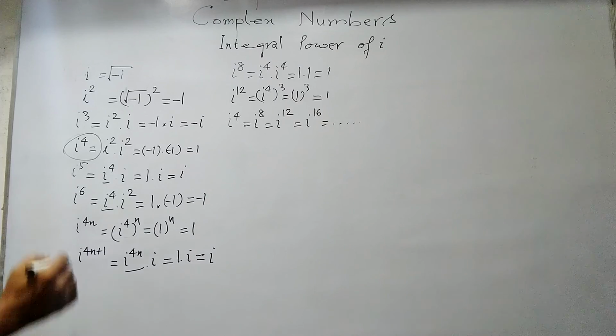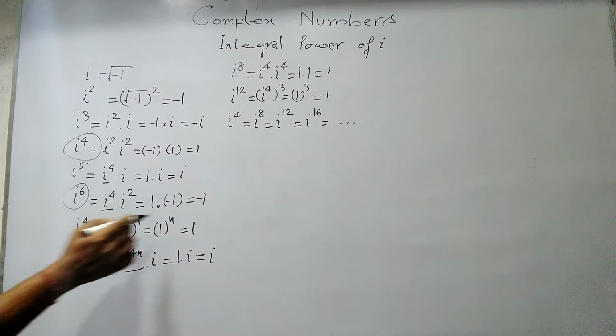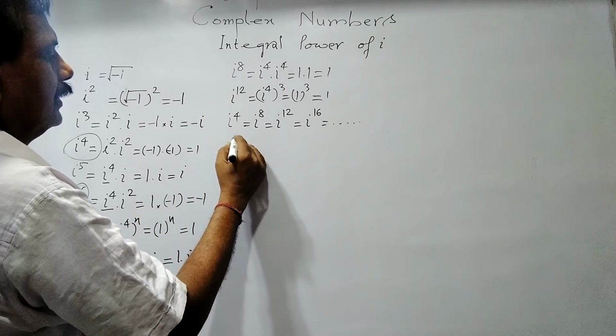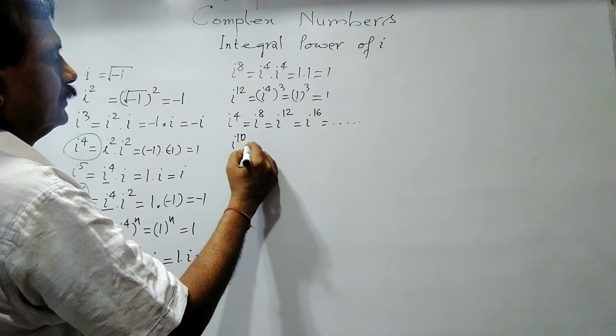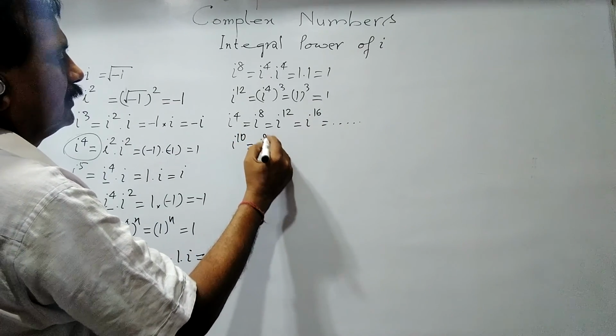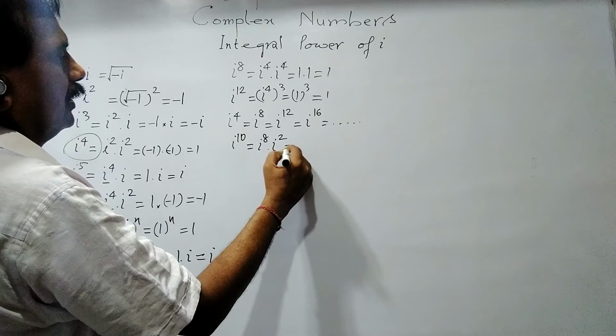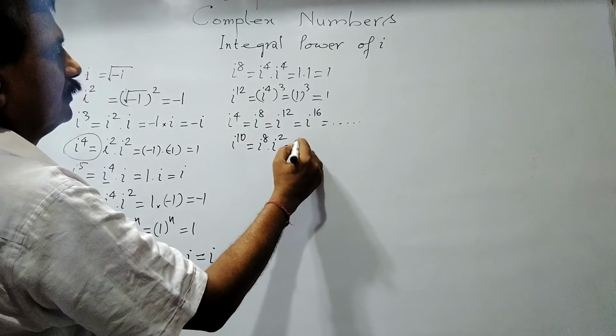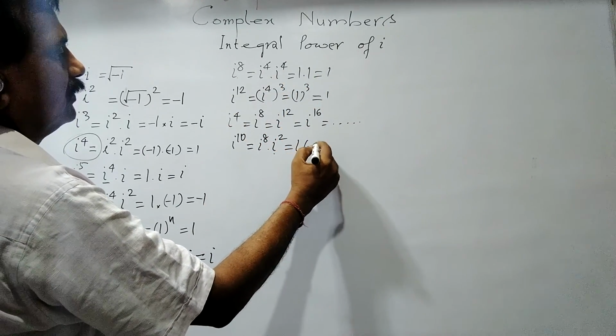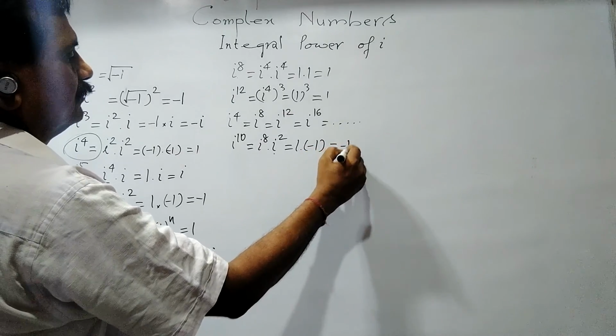Similarly, we had seen i6. Then let us take i to the power 10. This can be written as i8 into i square. i8 is 1 and i square is minus 1, then this becomes minus 1.